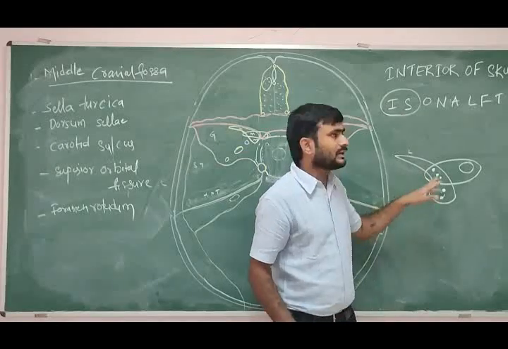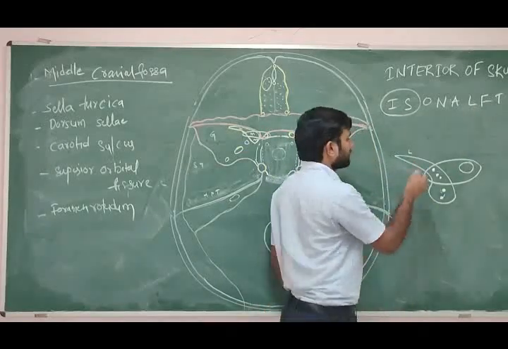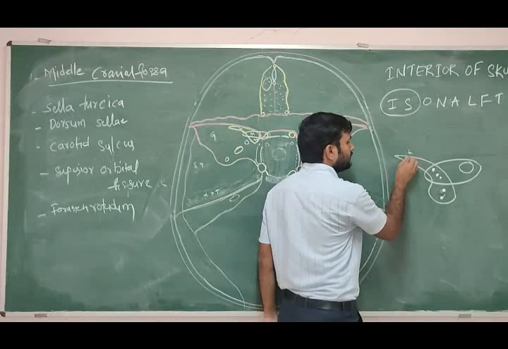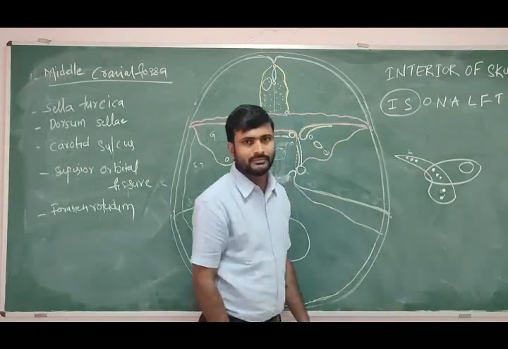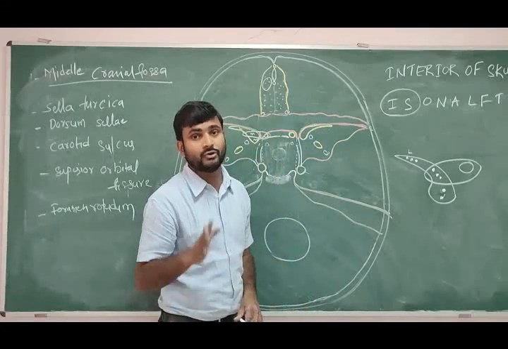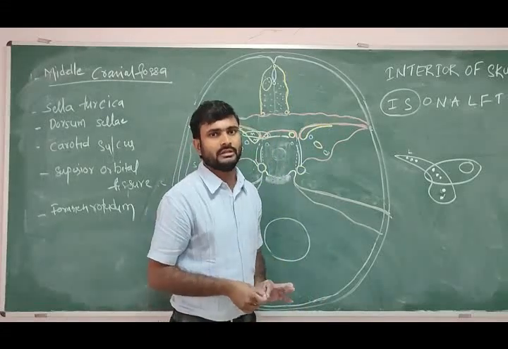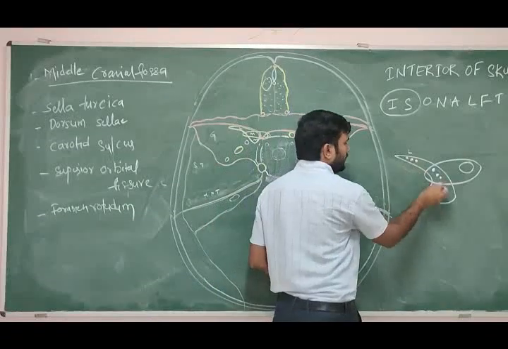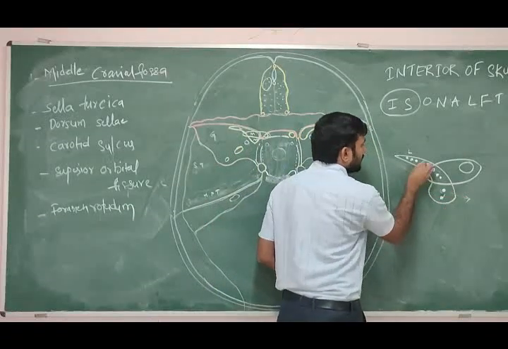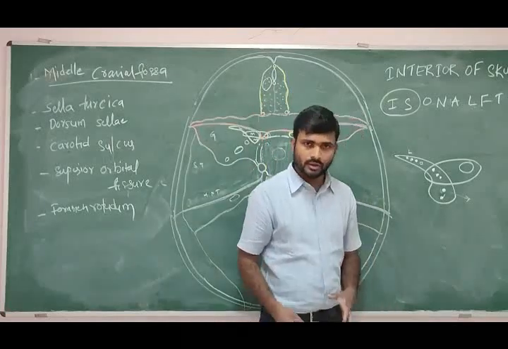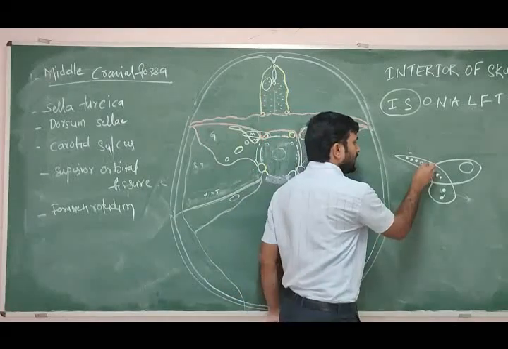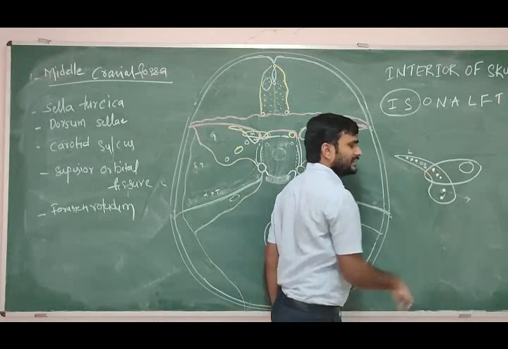And the most lateral part has three structures: lacrimal, frontal, and trochlear, along with one vein. Here is the inferior ophthalmic vein, here is the superior ophthalmic vein, along with the meningeal artery and the lacrimal artery.